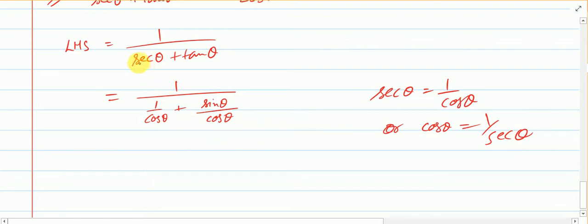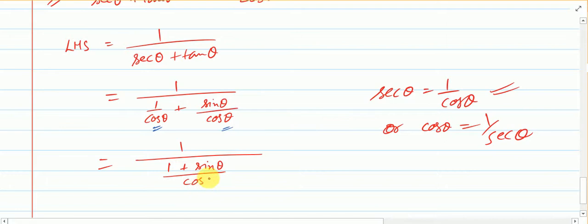So here we had sec theta, so we can write 1 by cos theta. Now here also cos theta, here also cos theta, so you don't have to find LCM. So you get 1 plus sine theta divided by cos theta.